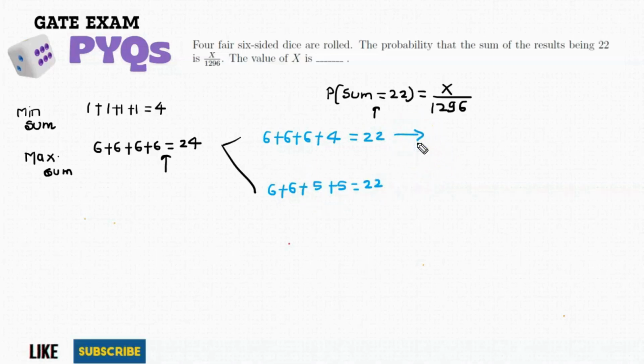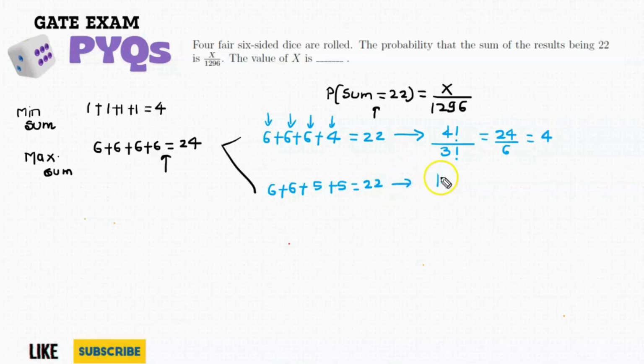But here we can have different permutations: the 4 can be on the first, second, third or fourth place, meaning there can be different arrangements of these. So we have to consider all those as well. So here what we get is 4 factorial divided by, with repetition of 6 being 3 times, 3 factorial, which gives us 24 divided by 6 as 4.